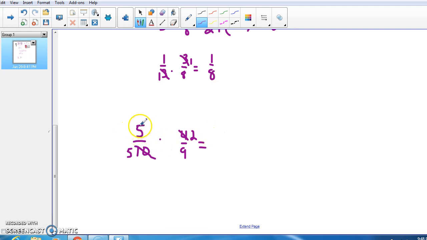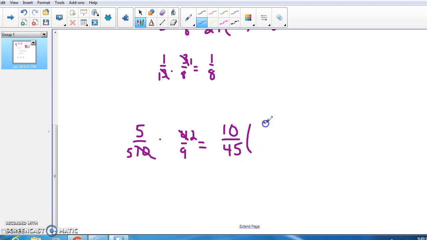Now I multiply across. 5 times 2 is 10, and 5 times 9 is 45. Now, unfortunately, that doesn't simplify it totally, because by saying 5 times 2 is 10 and 5 times 9 is 45, we should recognize that both these still can be divisible by 5.